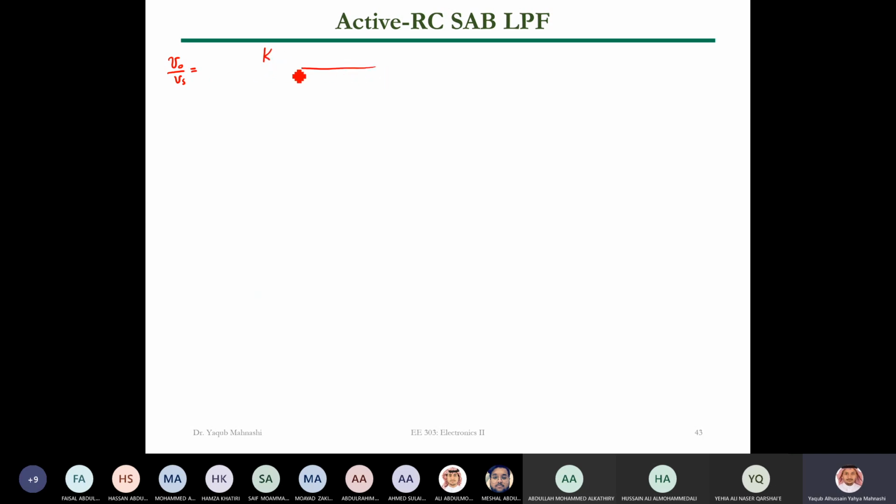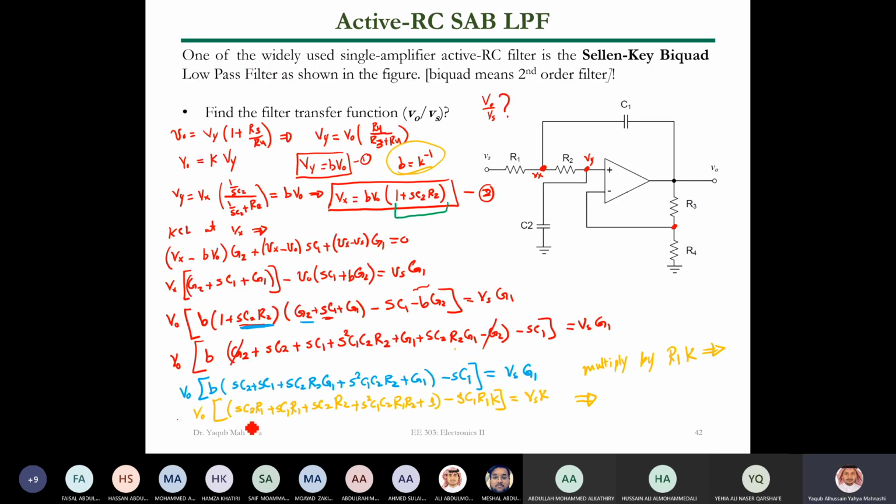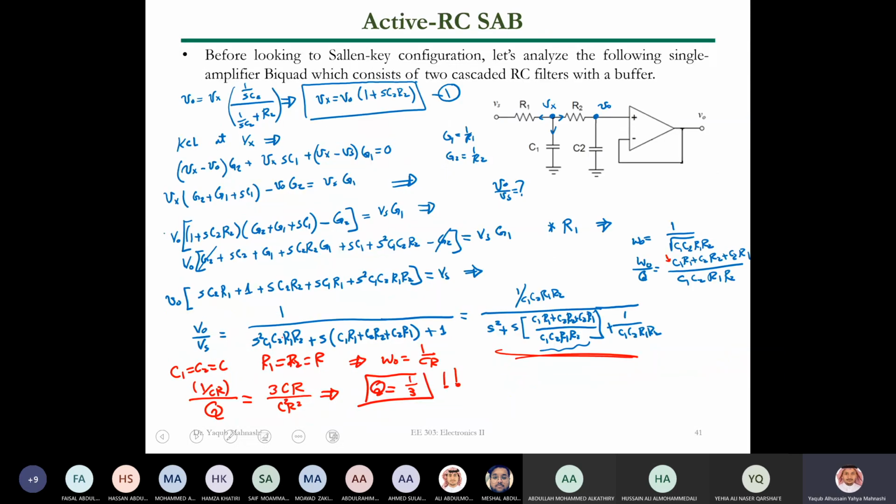And of course I have K here. I have S squared, C1, C2, R1, R2. And then C2, R1, C2, R2. C1, R1. C2, R1 and C2, R2. Perfect.